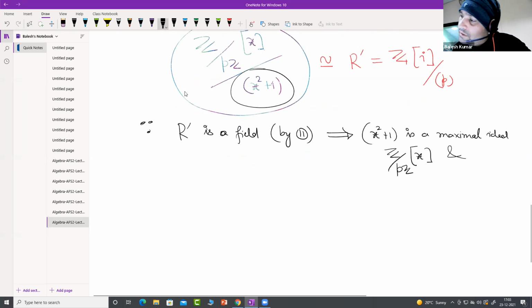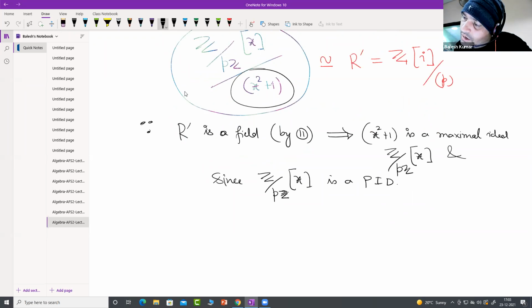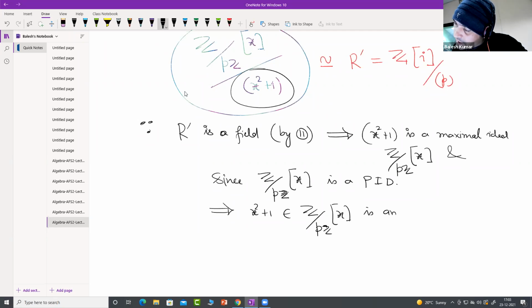And since Z mod pZ of x, this polynomial ring, is a PID, this implies that x square plus 1 is an irreducible element, that is, an irreducible polynomial.